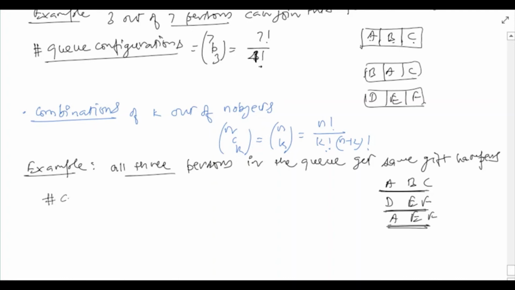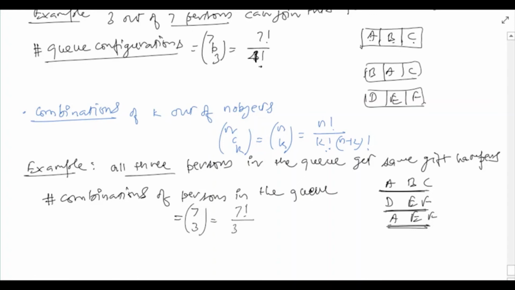So what is the number of combinations of persons in the queue? This will be 7 choose 3 equal to factorial 7 divided by factorial 3 times factorial 4.